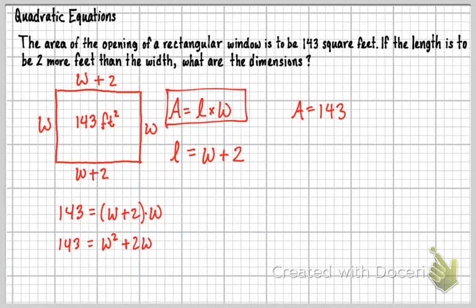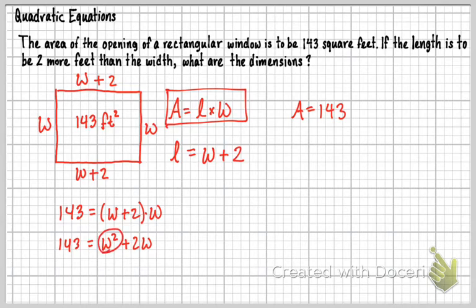And we have to distribute here because we can't just say, hey, either this is 143 or that's 143. That doesn't work. Remember, it has to be a 0 here if I'm going to use that kind of reasoning, and we don't have a 0 there. We have 143. So please be careful. Oops, forgot my W.